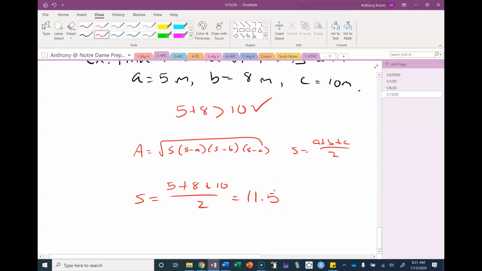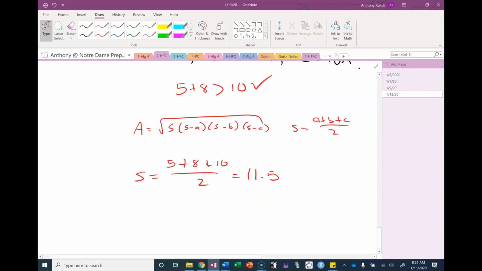Now, if this was a non-terminating decimal, I probably would use a fraction in my calculator. I wouldn't call it 11.5, but since this terminates, there's no cause for concern there.